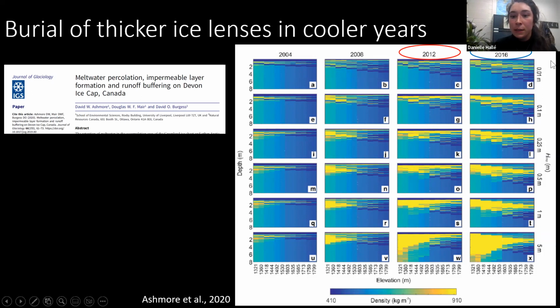And what you can see is the yellow layers represent the higher density or ice lenses that had formed in 2012. And then 2016 was a cooler year on Devon Ice Cap. And it shows that that higher density ice layer was buried and that the firn layer on top of this ice layer had been replenished.